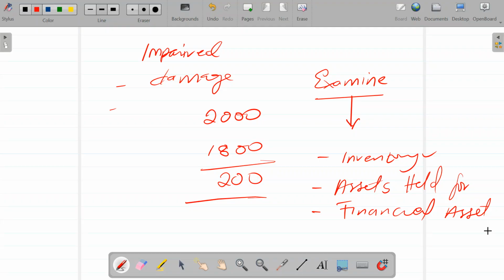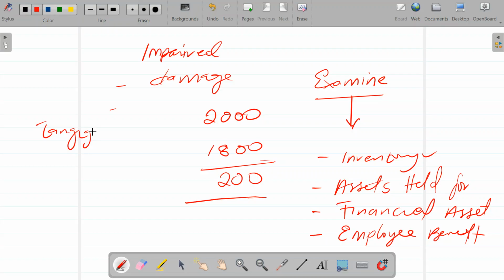Financial assets have their own standard for the treatment of impairments. This standard also does not apply to assets arising from employee benefits. So clearly this standard mostly affects tangible assets, physical assets we can hold and touch.